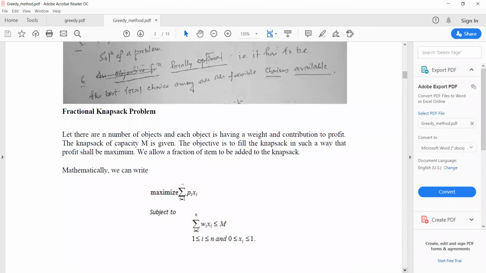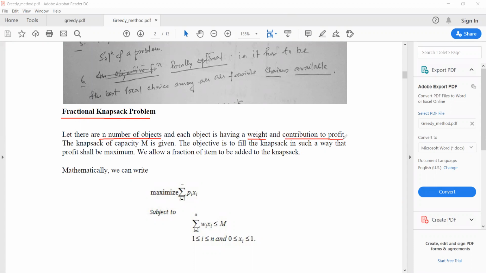Now we are discussing one well-known problem, the fractional knapsack problem. In the fractional knapsack problem, we have n number of objects, and each object has a certain weight and contributes some profit.